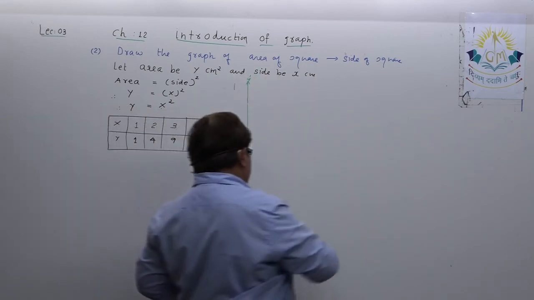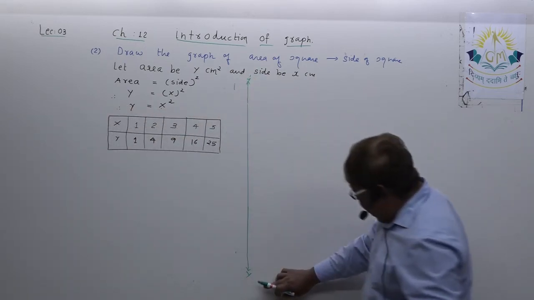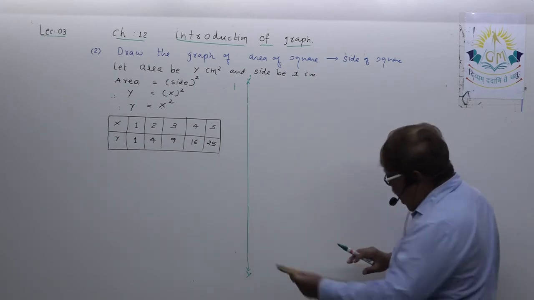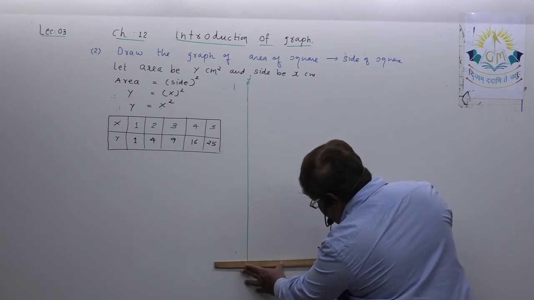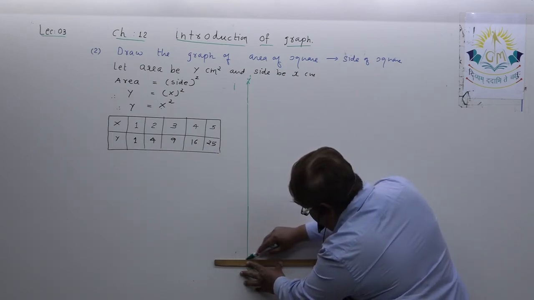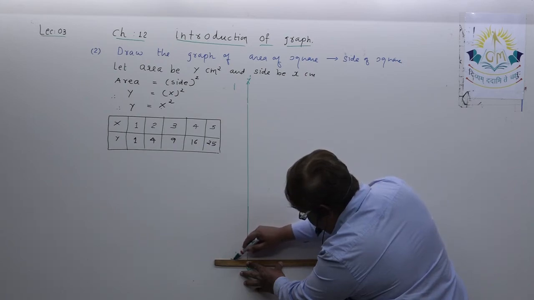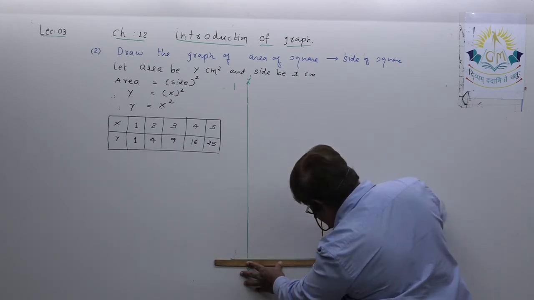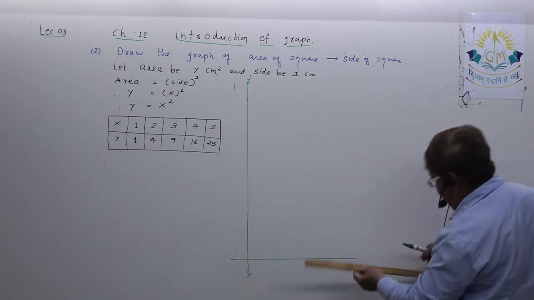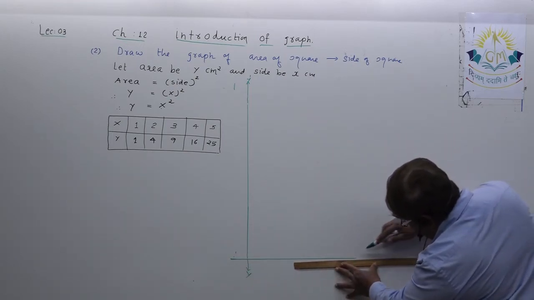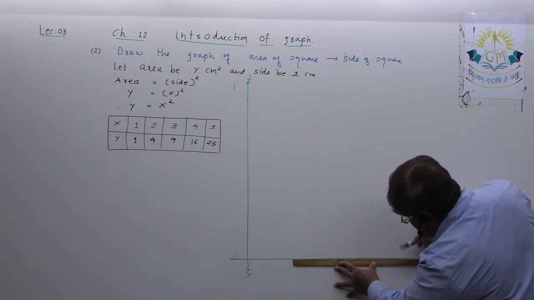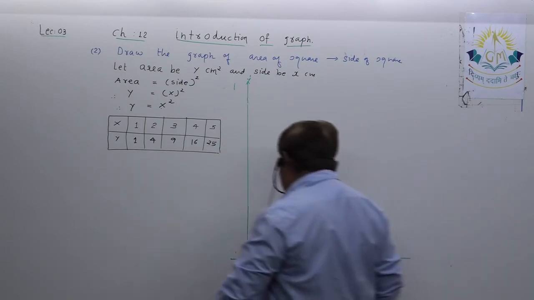Similarly, from the bottom also, this is the white part, the green part starting. Leave one box, dear student. Okay, and then draw the x-axis. The x-axis I am drawing. This is the x-axis, this way.